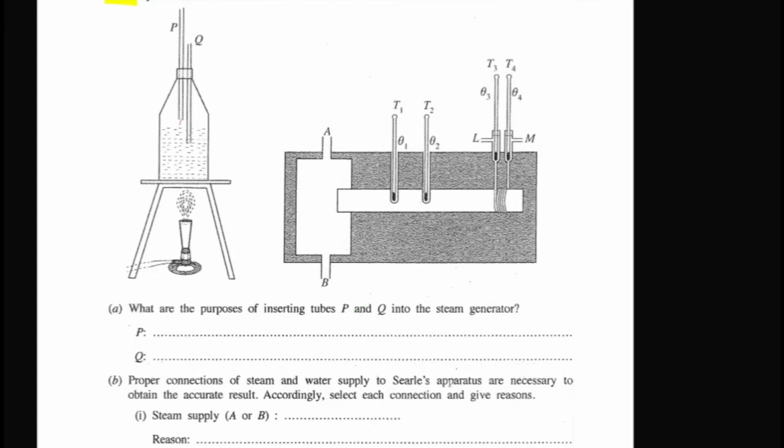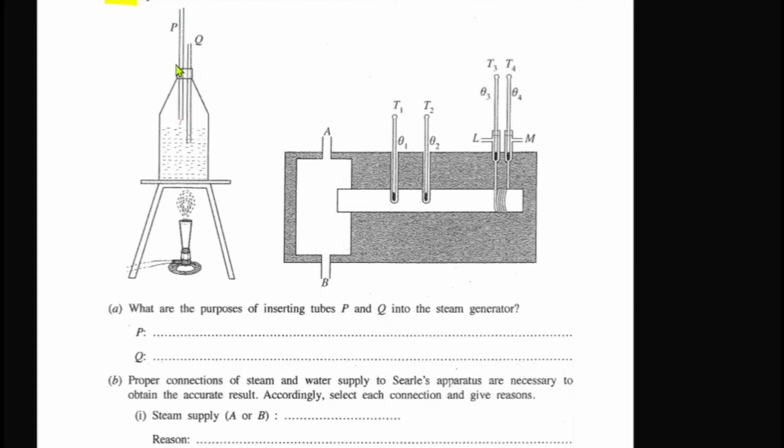First of all, why do we use a steam generator? Actually, we heat this metal rod by using steam. So to generate the steam that is required to heat this metal rod, we need a steam generator.